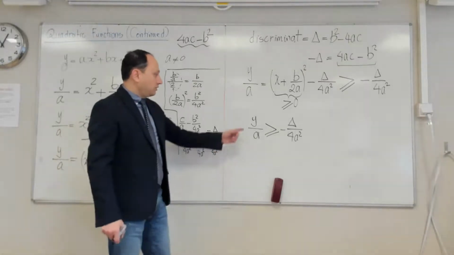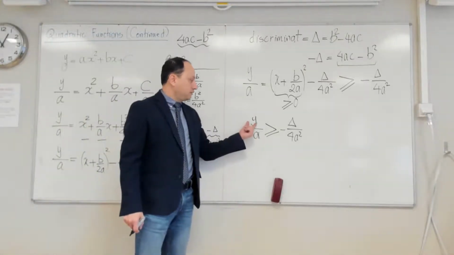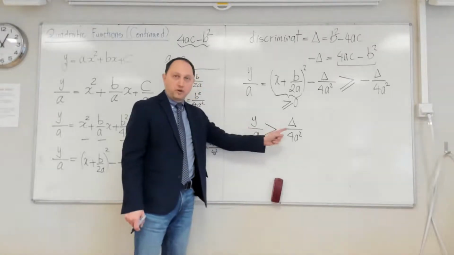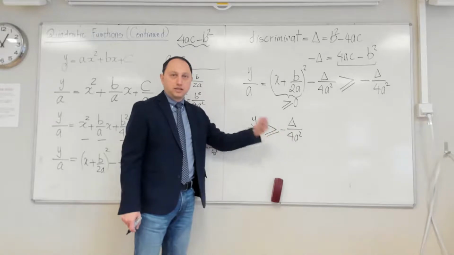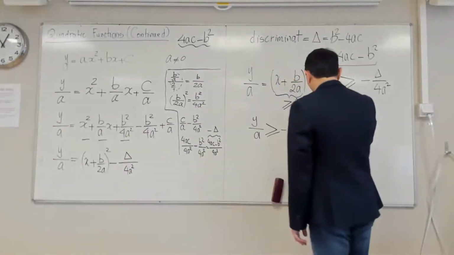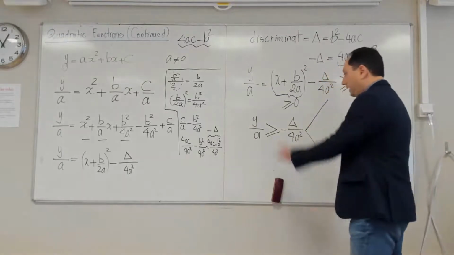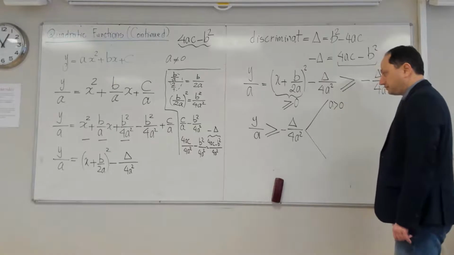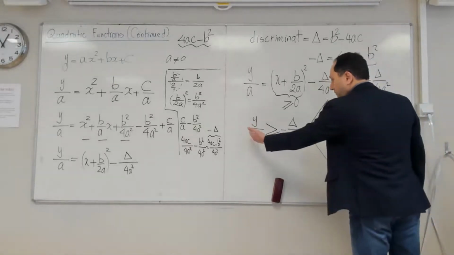And then because I want to talk about y, I have to make y alone. So I have to multiply by a. But this is the crucial thing that I need to remember. I have to decide what is the sign of a. If a is positive, then I don't have any problems.